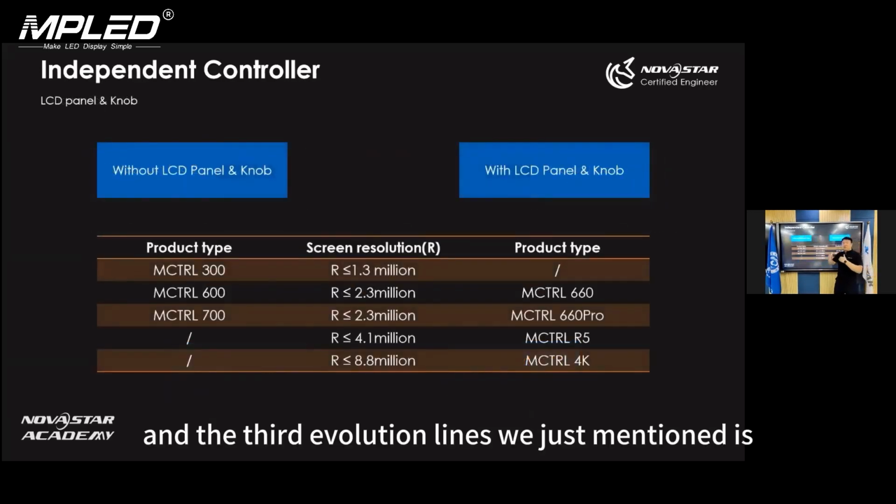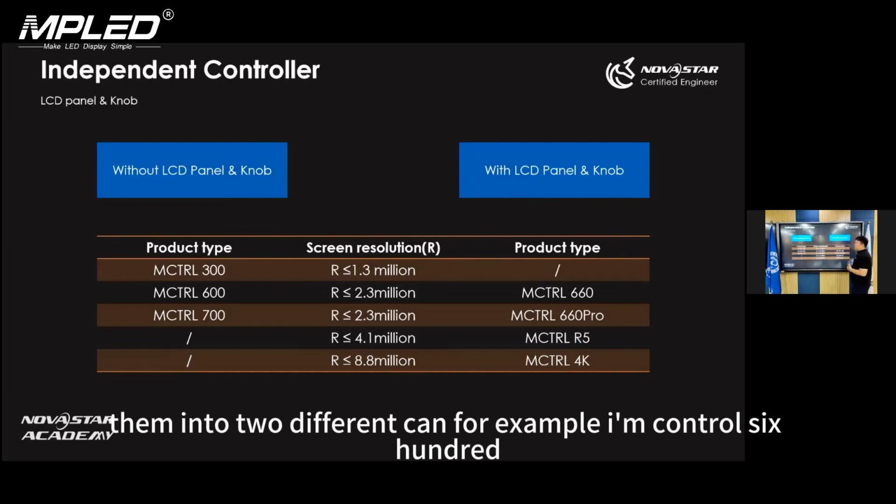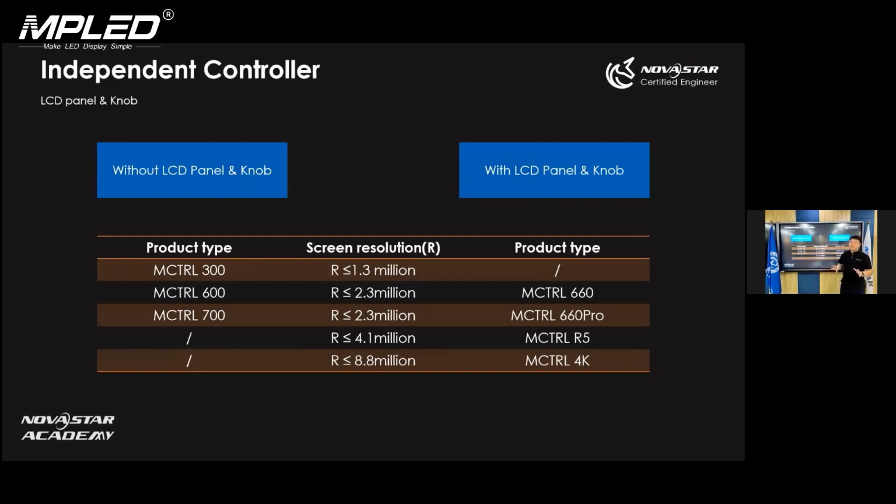And the third evolution line we mentioned is the LCD panel and the knob. Here I divided them into two different camps. For example, the M Control 300, 600, and 700 all do not have the LCD panel and the wheel button.